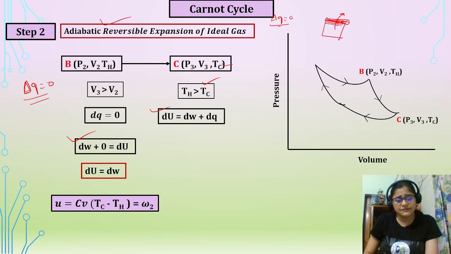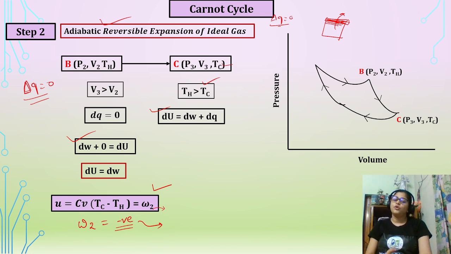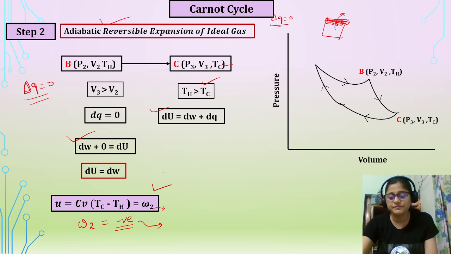So CV dT means T final minus T initial, Tc minus Th, will be equal to W. Here Tc is less than Th, so obviously work W will be negative. That means again work done by the system, which leads to cooling.